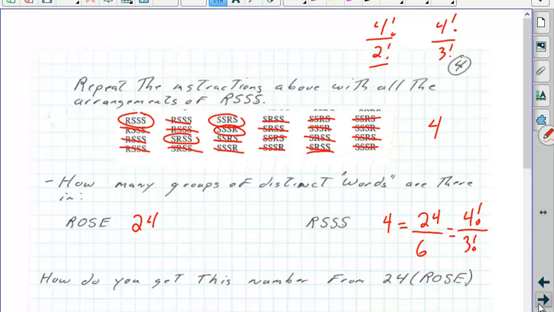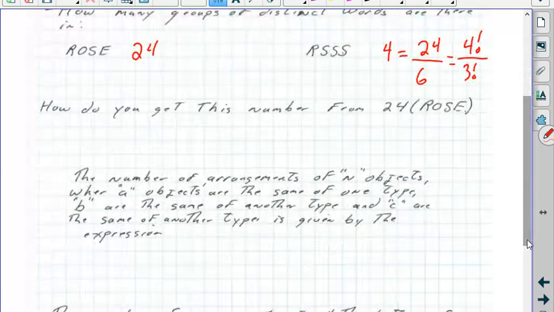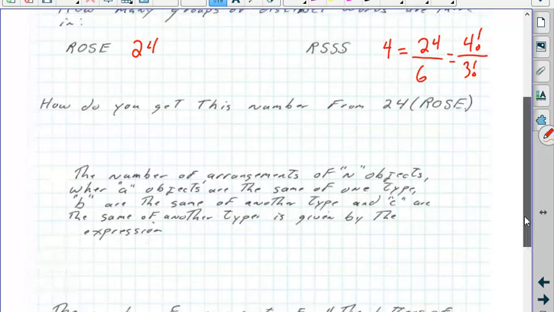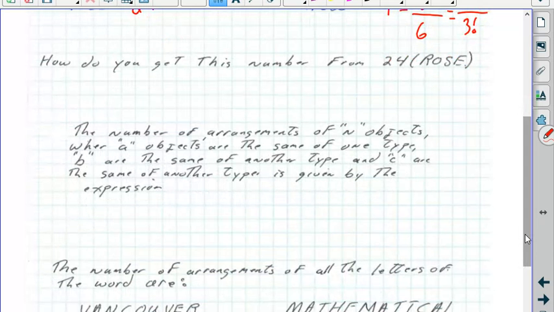This leads us to the ways that we can do this. If you have repetitions, okay, if there were no repetitions in the word RSSS, there would be 24 ways to do it. 4 factorial, 4 times 3 times 2 times 1. There were repetitions. So we had to divide by the number of repetitions factorial to do that.